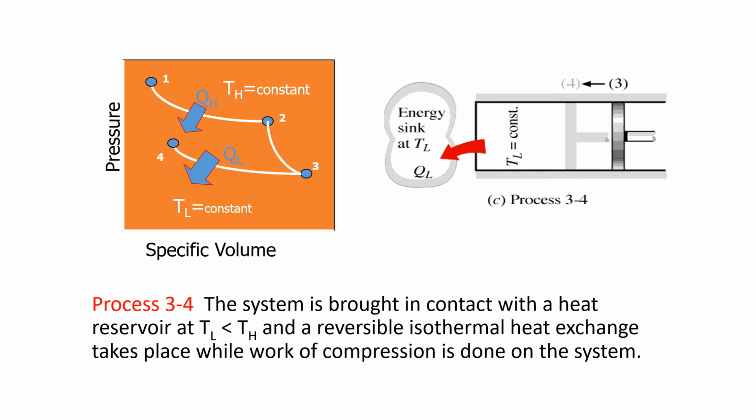And from 3 to 4, the system is brought in contact with a heat reservoir where the temperature TL is lower than TH, the temperature given by the source just now. A reversible isothermal heat exchange takes place while work compression is done to the system.